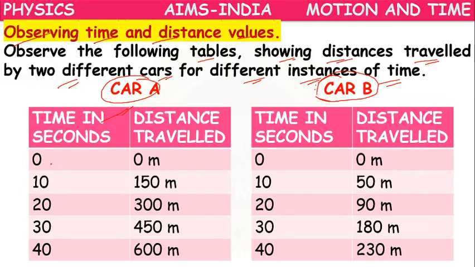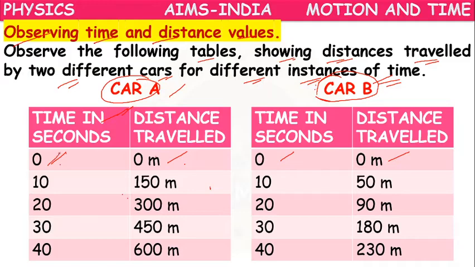In how much time, how much distance traveled by car A is given in the first table. In how much time, how much distance is traveled by car B is given in the second table. By observing the time and distance, we have to tell whether they are in uniform motion or non-uniform motion.